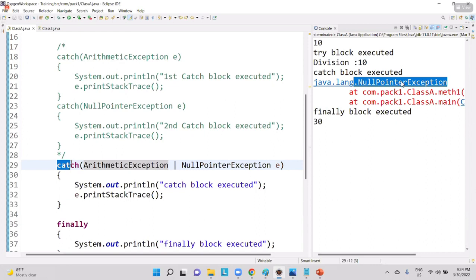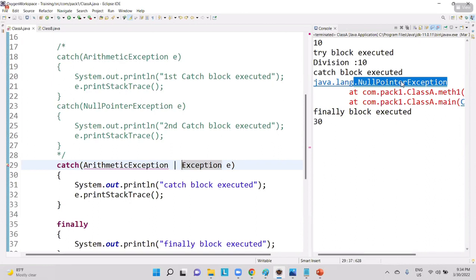Now, answer my question, guys. Can you please tell me why we are getting an error? Are you thinking that, sir, Exception we are supposed to write last? Now also we are getting an error.